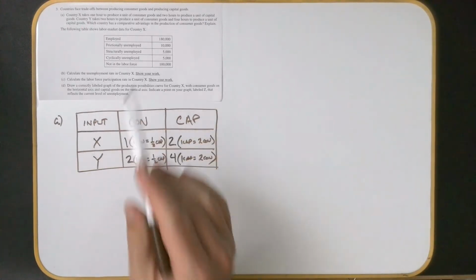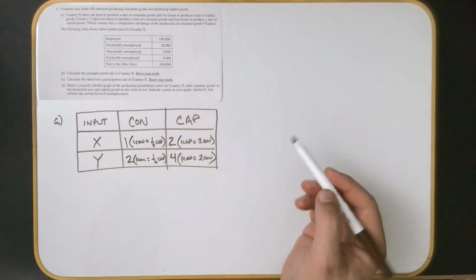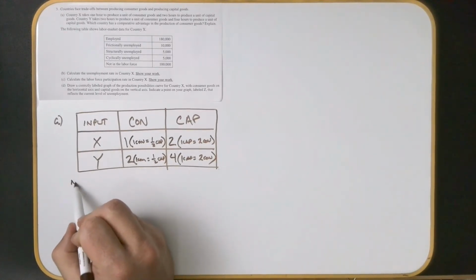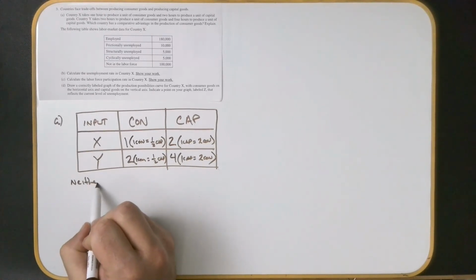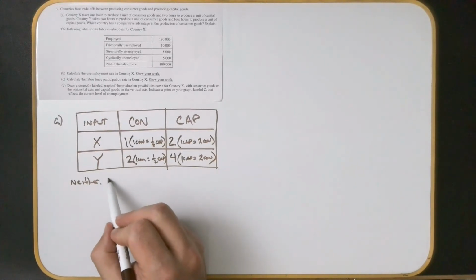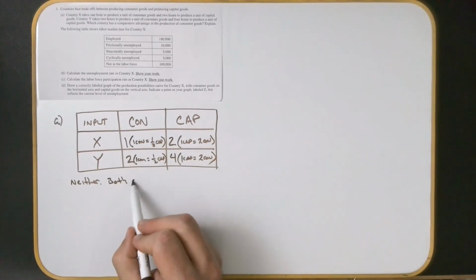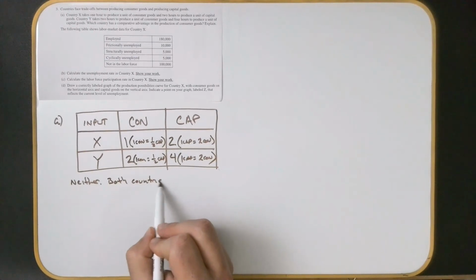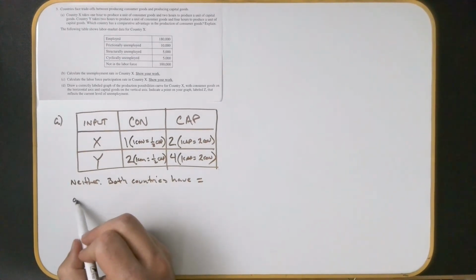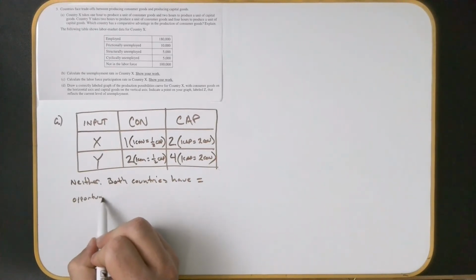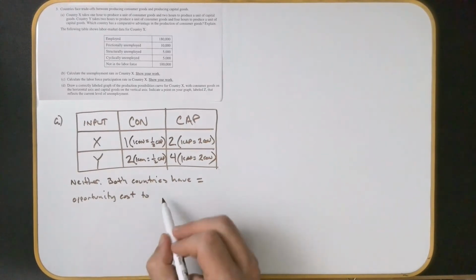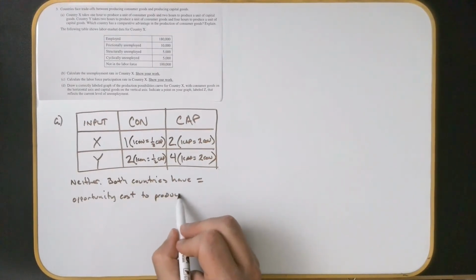So it says, which country has a comparative advantage in the production of a consumer good? Explain. Well, my statement would be neither, and then my explanation would be both countries have equal opportunity cost to produce capital goods.